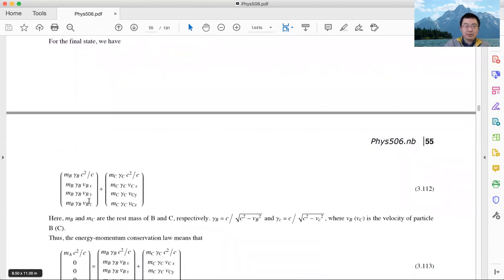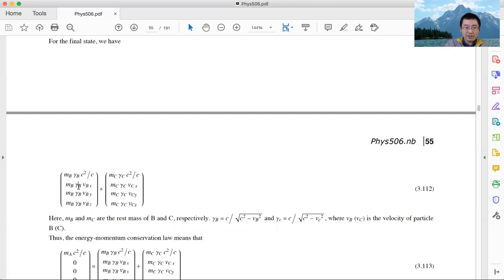The energy and momentum vector after the decay will be like this. Here mb and mc again are the rest masses of particle B and particle C. It's not the mass, it's the rest mass. The definition of the momentum is mass times velocity, in x, y, z. Mass and rest mass need a gamma to convert.